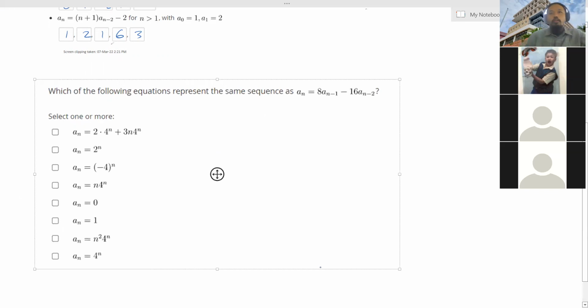Now, which of the following equations represents the same sequence as an? So an is 8 times an minus 1 minus 16 an minus 2. Now, how do we solve this? Anybody? What is our approach to solve this equation?